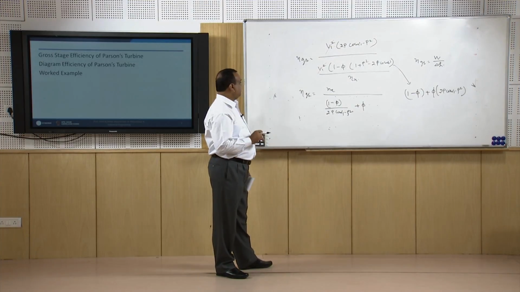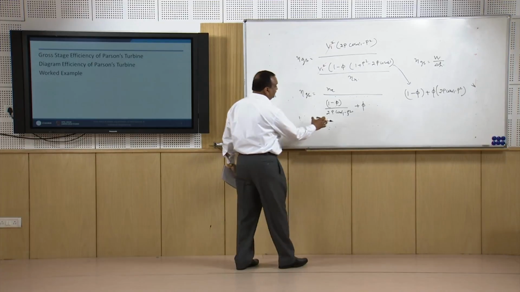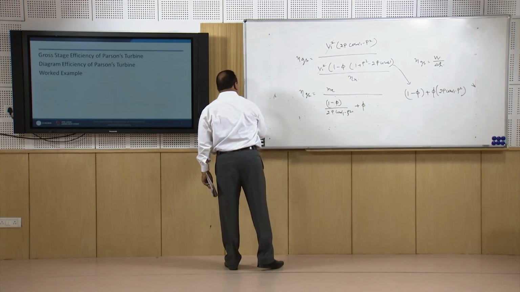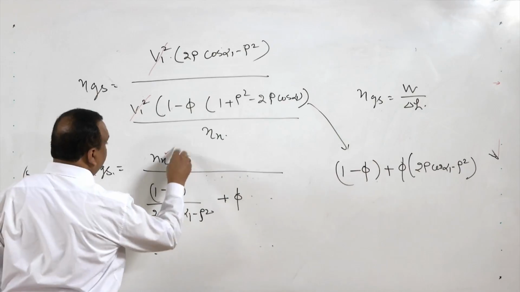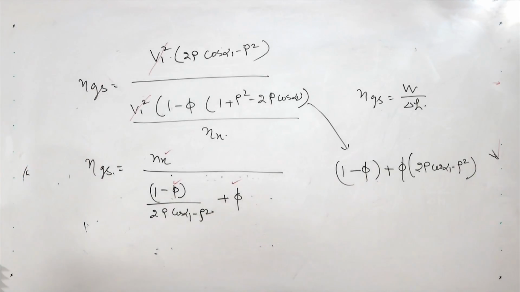Now, in this expression, the Gauss stage efficiency is going to be the maximum when this has maximum value, because efficiency of the nozzle is fixed, this is fixed, this is also fixed, only this is remaining.